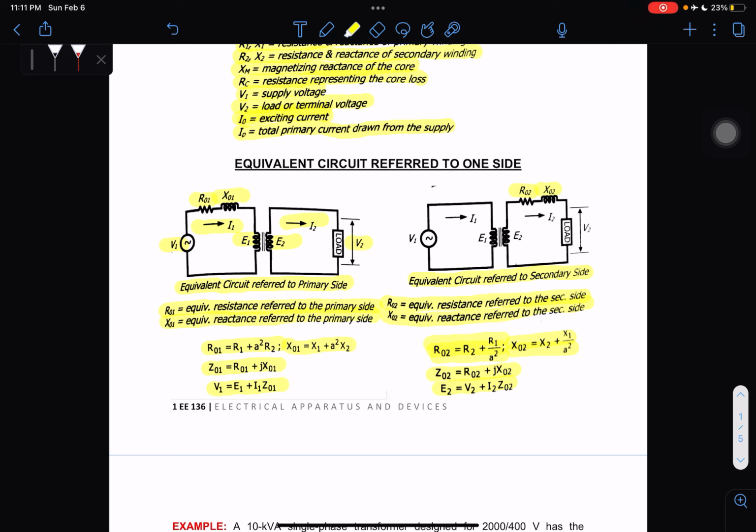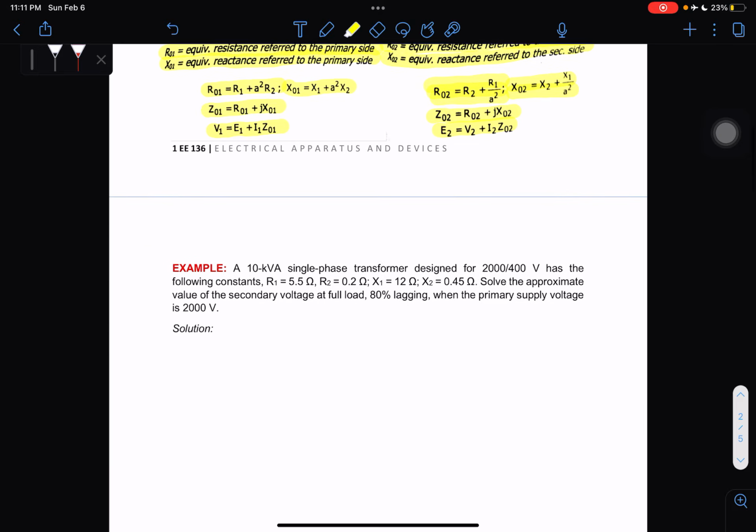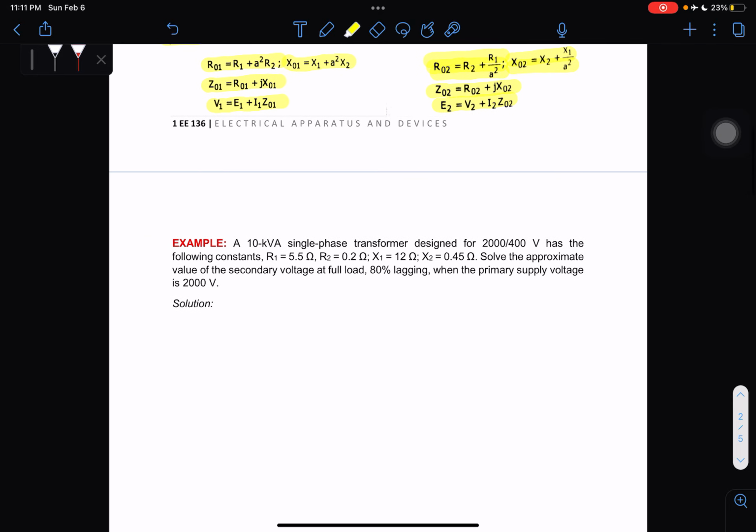So let's have an example so we can use these formulas for our equivalent circuit referred to one side. Let's have here a 10 kilovolt-ampere single phase transformer designed for 2400 volts with the following constants.